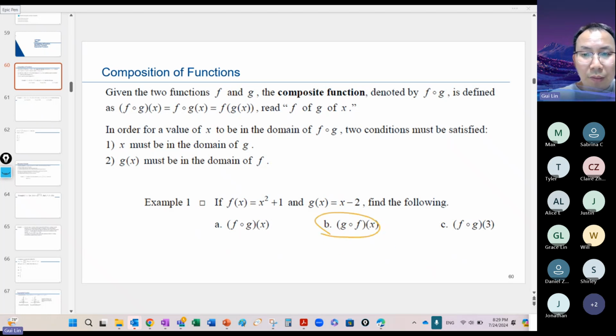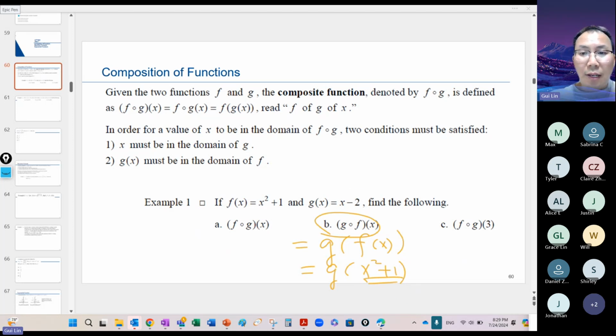All right, so first, let's see here, we see Z. So this one would be g. We change like that, right? g of f(x). So what is f(x)? f(x) equals what? x squared plus 1. So inside here was changed by x plus 1.